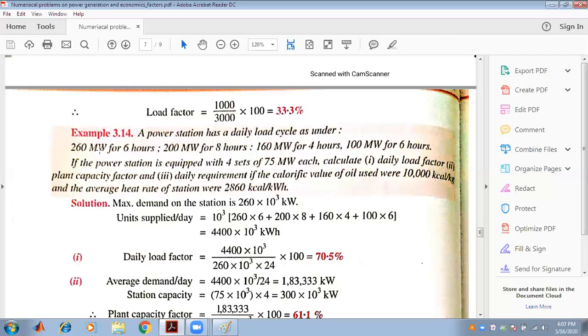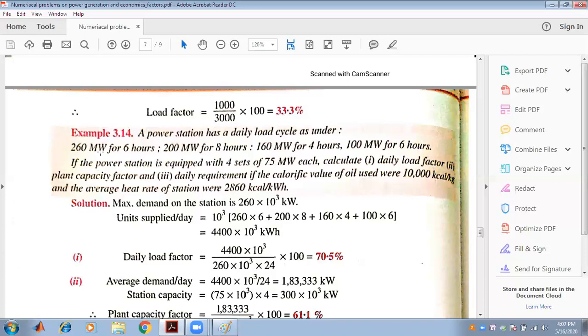It is 260 into 6, 200 into 8, 160 into 4, and 100 into 6. If I take 10 to the power 3 as common, meaning we convert megawatt into kilowatt hour, it is found to be 4400 into 10 to the power 3 kilowatt hour. And the maximum demand from that example is 260 megawatt.